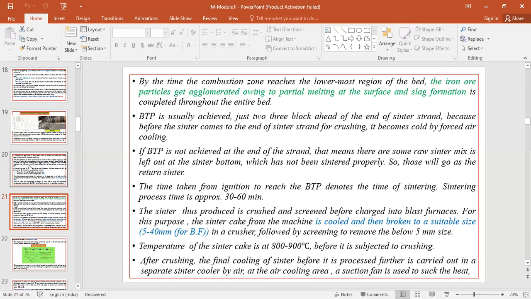That is a reasonable size for the blast furnace. And the minus 5 mm, we call it sinter returns, that will be used in the form of an earth layer on the sinter bed. Around a 50 mm earth layer we basically add.